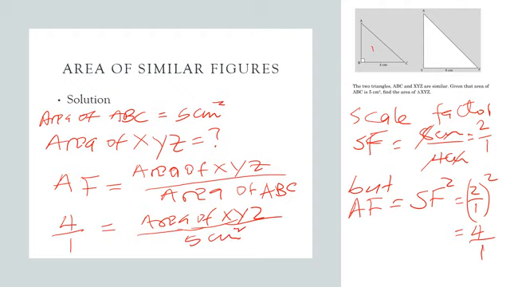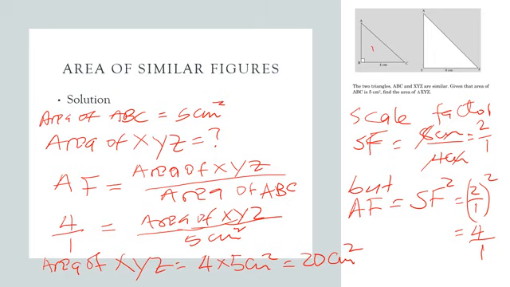If you make XYZ the subject of the formula, you will have the area of XYZ equal to, by cross multiplication, 4 times 5 centimeters squared, which is 20 square centimeters.